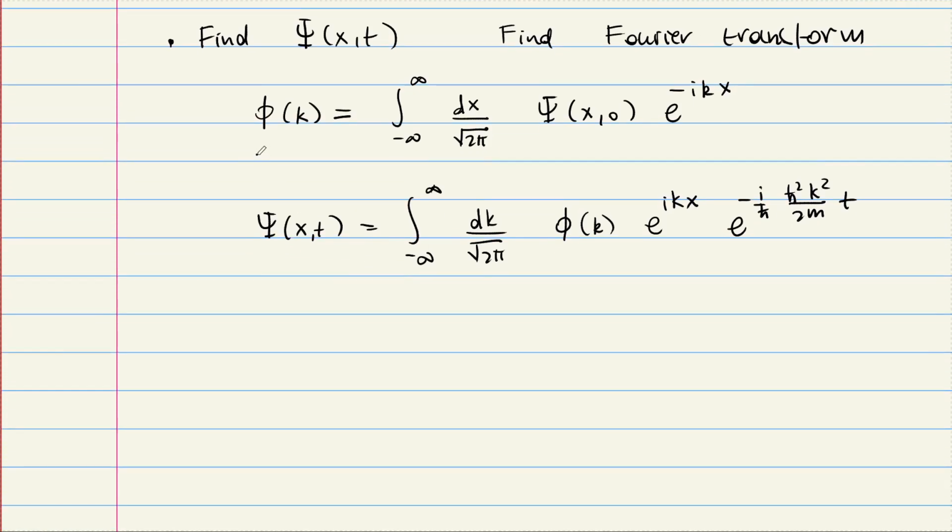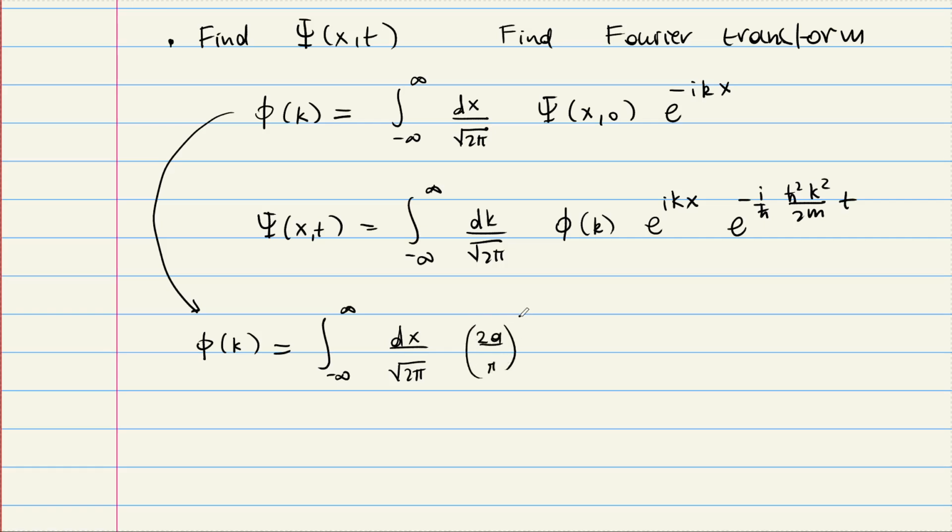Now let's calculate this. Phi of k is equal to the integral from minus infinity to plus infinity dx over 2 pi. I have normalization. This is (2a over pi) to the power 1 over 4.